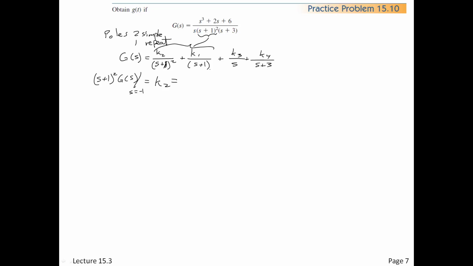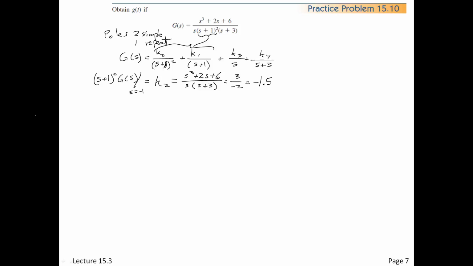If we do that up here, we've got s cubed plus 2s plus 6 over s times s plus 3. If we plug minus 1 into everything, we get 3 over minus 2, which is minus 1.5. So we've got one of the numbers.